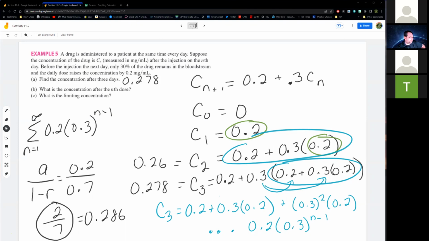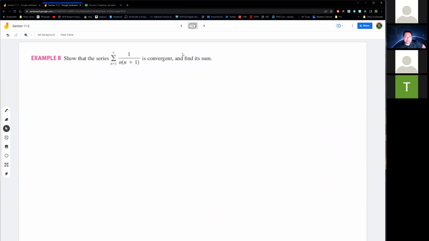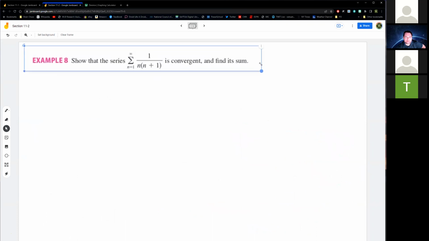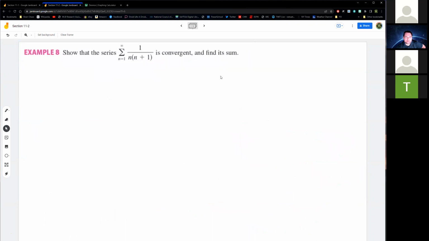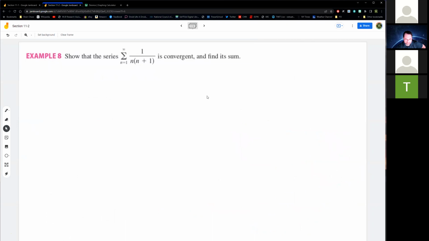All right. So we want to look and see if this one's convergent or divergent.